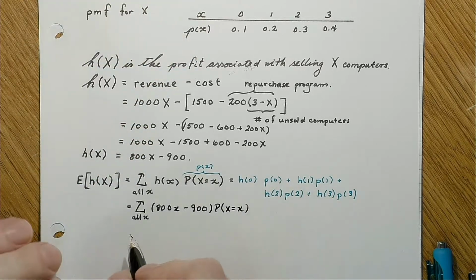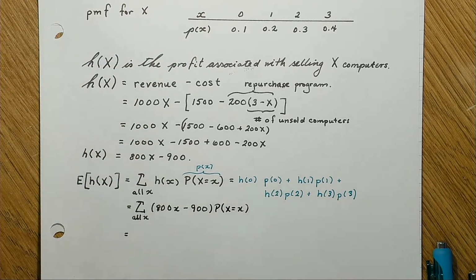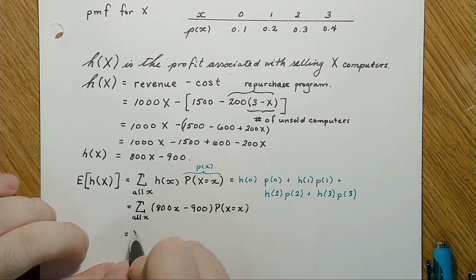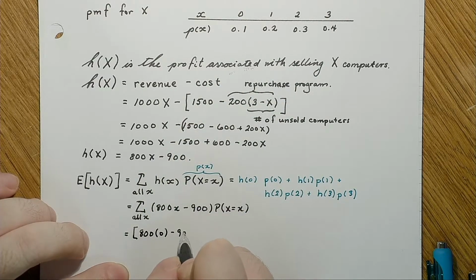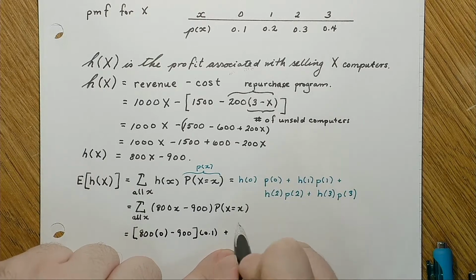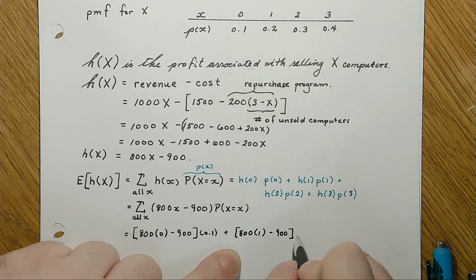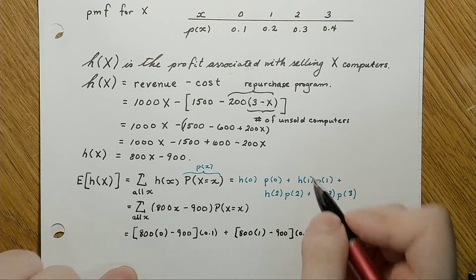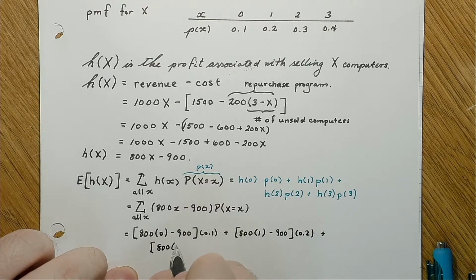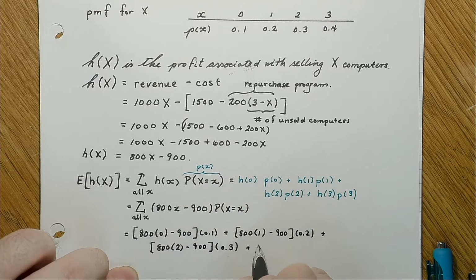So we have 800 times 0 minus 900 times its probability, which is 0.1, plus 800 times 1 minus 900 times its associated probability, which is 0.2, plus 800 times 2 minus 900 times 0.3, and 800 times, so I have 2, and the last one is 3.